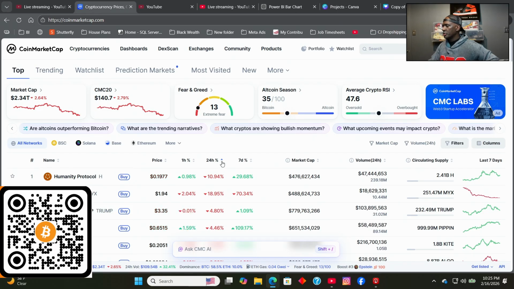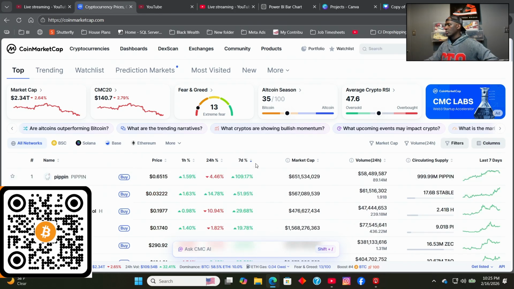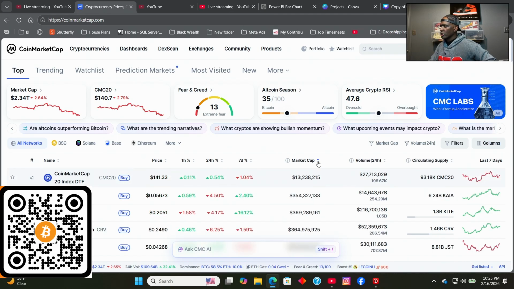I'm not necessarily sure how to read all of that or why that really makes sense, but 7-day percentage, so that works. Market cap, if I want to sort it by market cap, again, Bitcoin has the largest market cap, so I can sort it by the largest or the smallest market cap based on these top 100 that we're looking at, I believe.